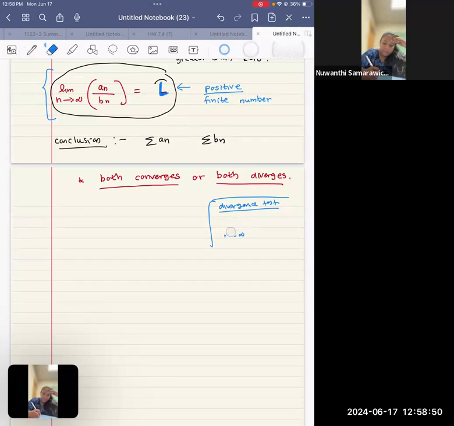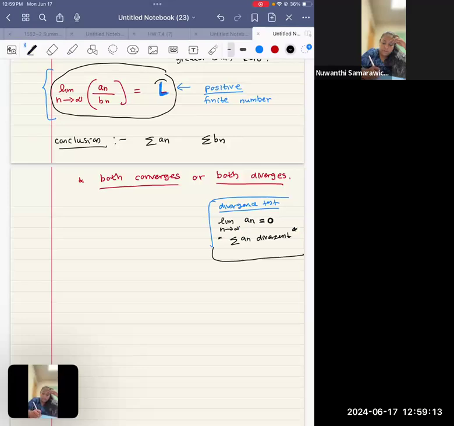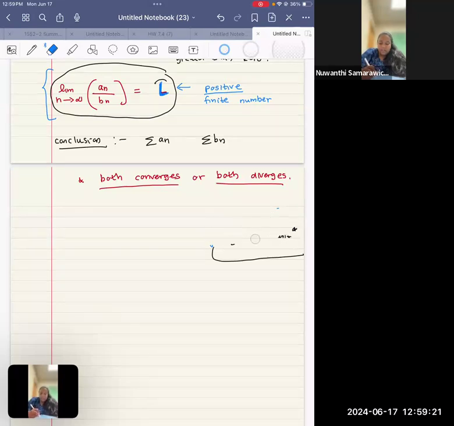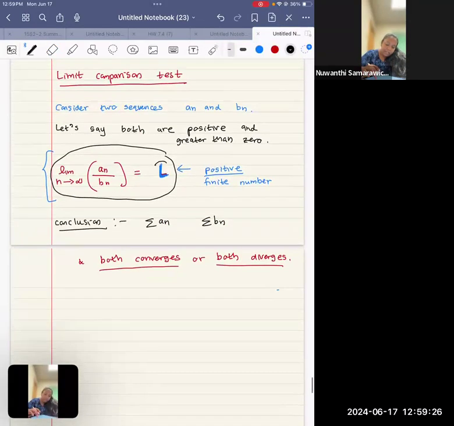I will recall the divergence theorem again. When n approaches infinity, if we show this is not equal to 0, then we said the series is divergent. Only this is the conclusion we get. That's the divergence test, but we don't need that here. I just recalled it. Okay, so let's do an example for this limit comparison test.